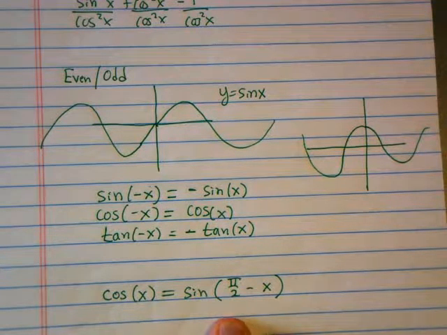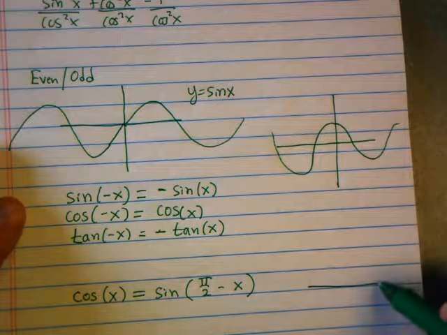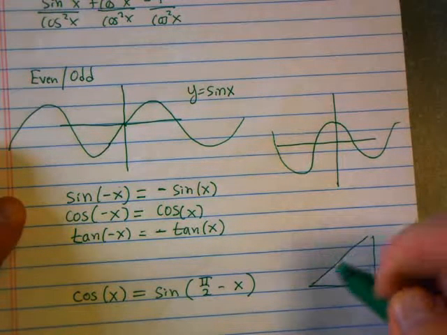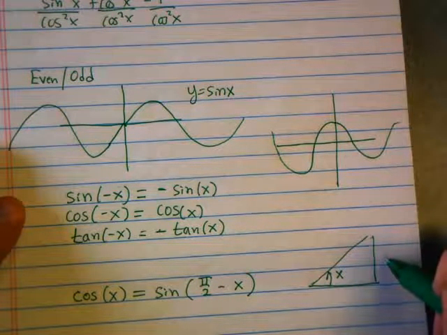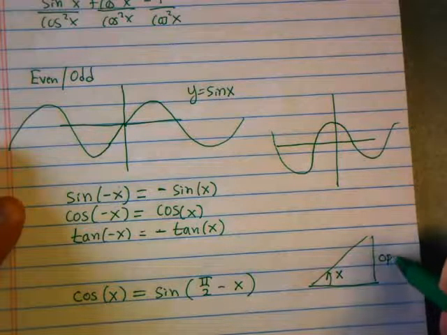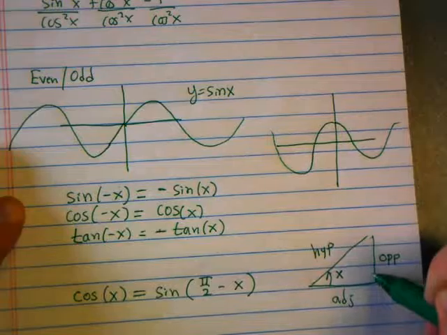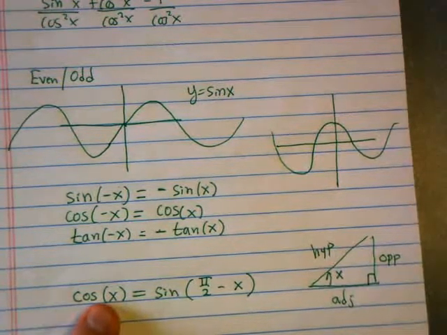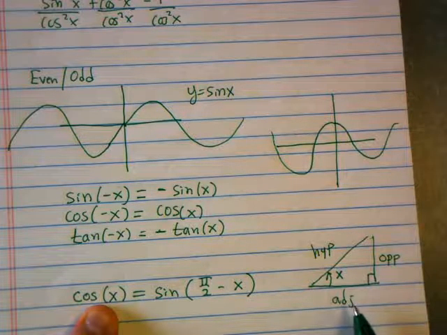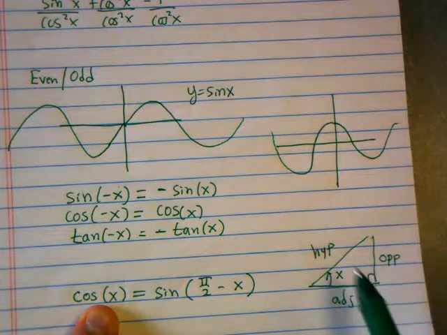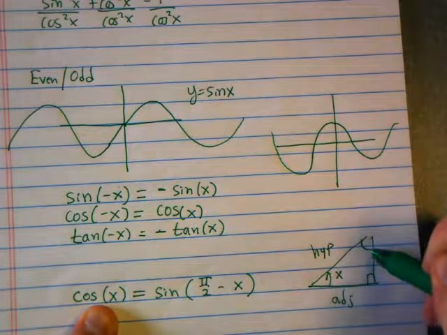The reason it's usually written this way is because of triangles. I'm going to draw you a triangle here. If this is angle x, and this is opposite, this is adjacent, and this is hypotenuse, then what's the cosine of x? Adjacent over hypotenuse. If this is angle x, what's this angle up here?